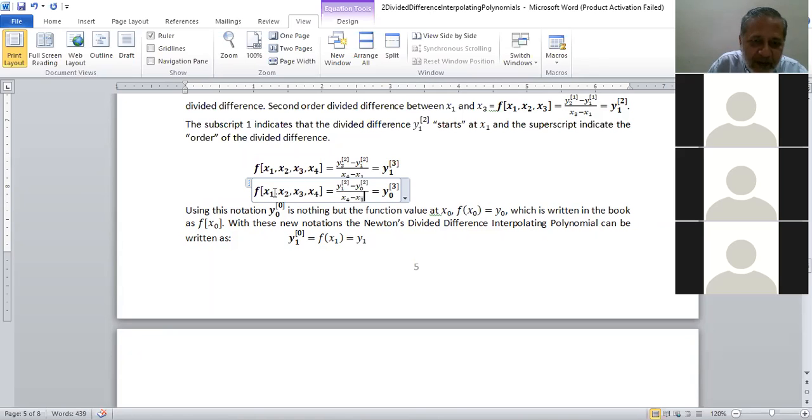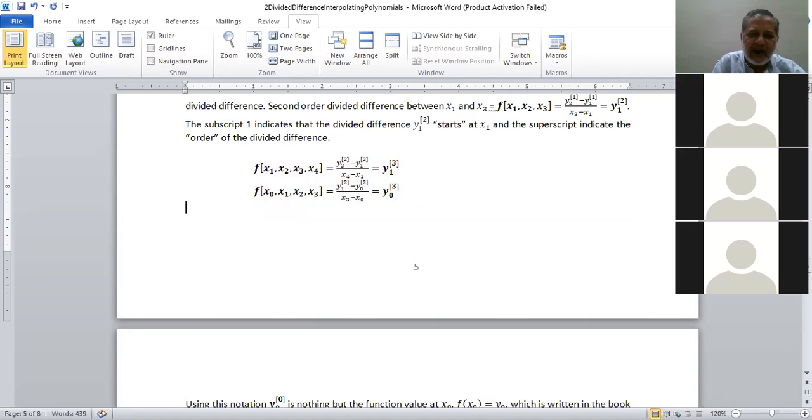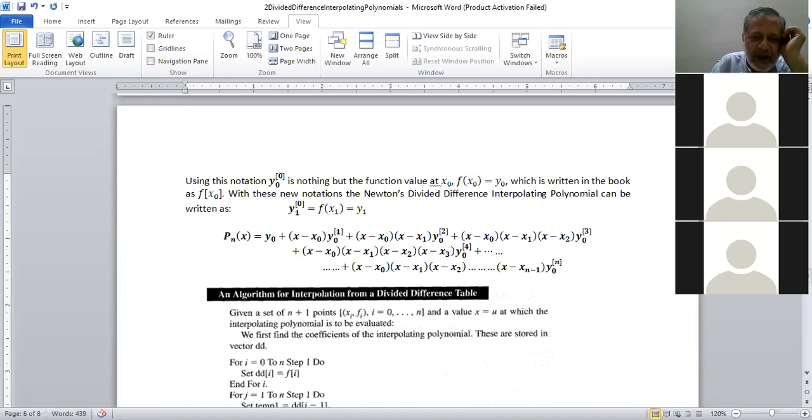The points used shall be x0, x1, x2, and x3. So now what's the range of x values? The range of x values is now from x0 to x3. And similarly, higher order divided differences can be made.